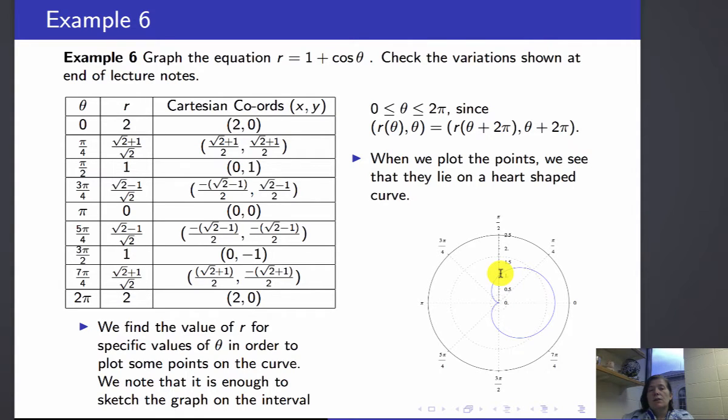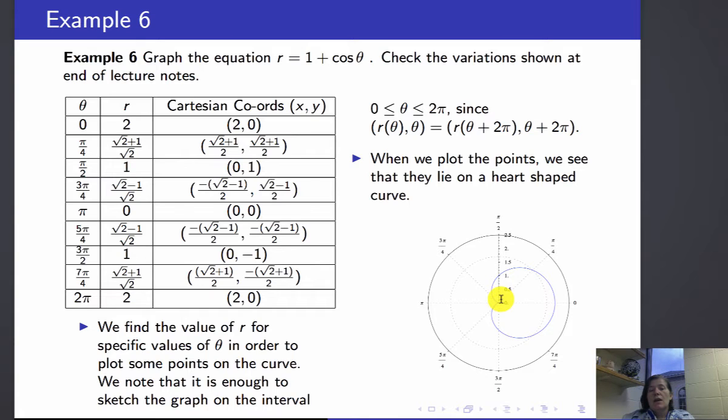Now as the angle sweeps around from pi over 2 to pi, the distance from the origin is positive but decreasing until I get to the point when theta is pi and r equals 0, and I'm simply at the origin with Cartesian coordinates 0, 0.